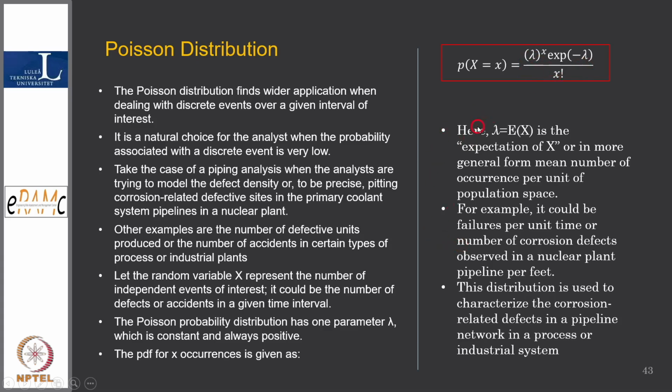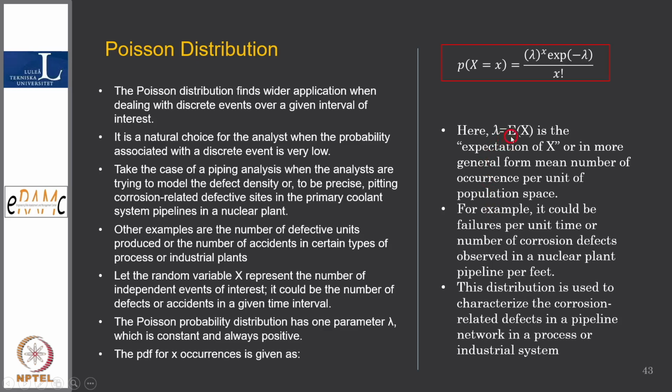Here lambda is nothing but the expectation of x. That means the rate of an event occurring, whether it is a defect or an object or any outcome. So that is what we give over here.